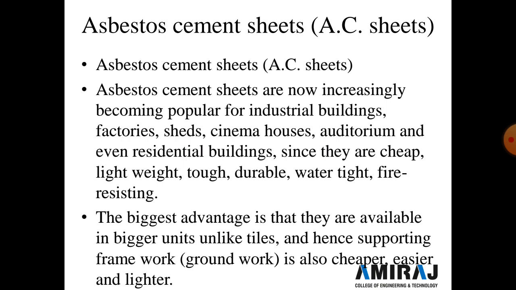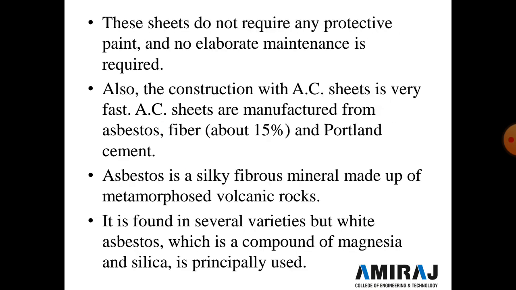The biggest advantage is that they are available in bigger units, unlike tiles, and hence the supporting framework or groundwork is also cheaper, easier and lighter. These sheets do not require any protective paints, and no elaborate maintenance is required.